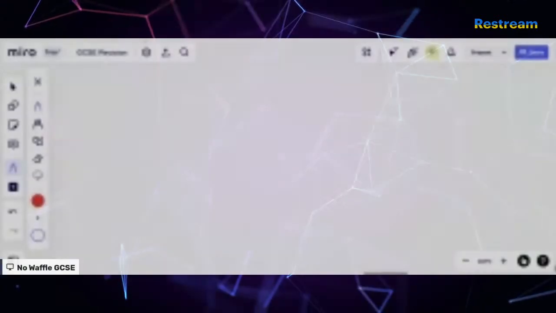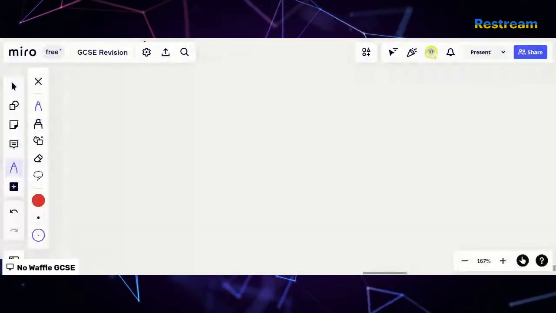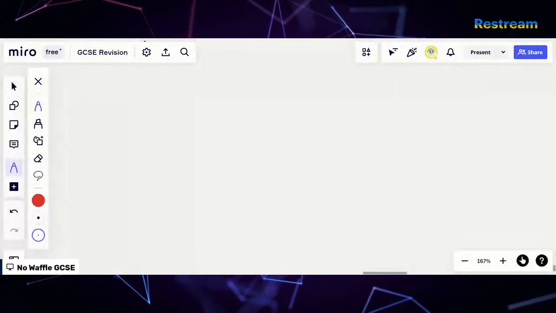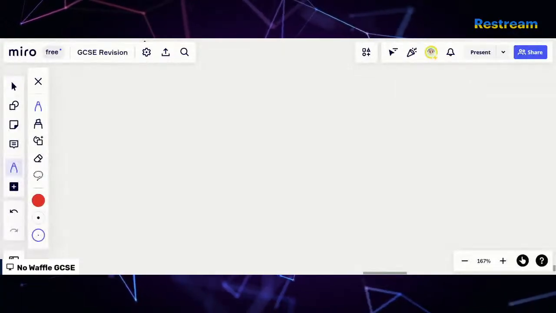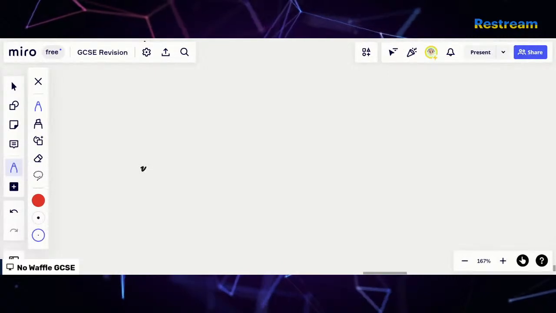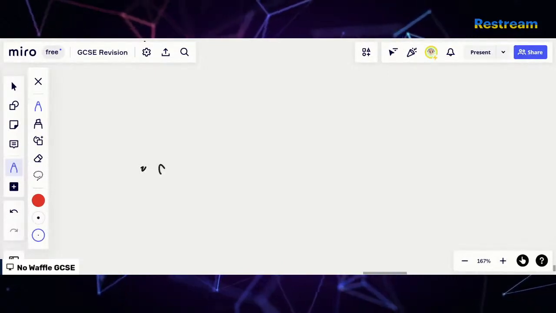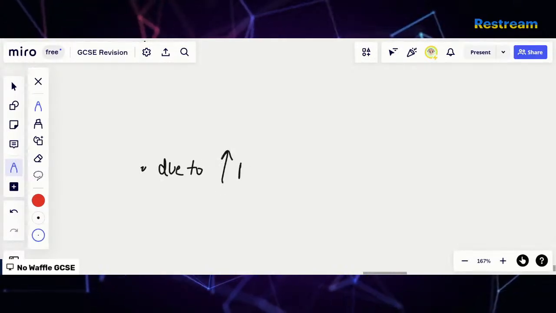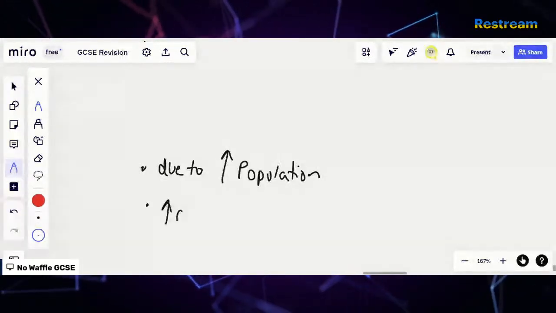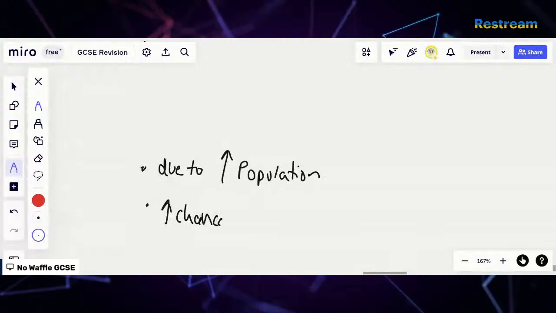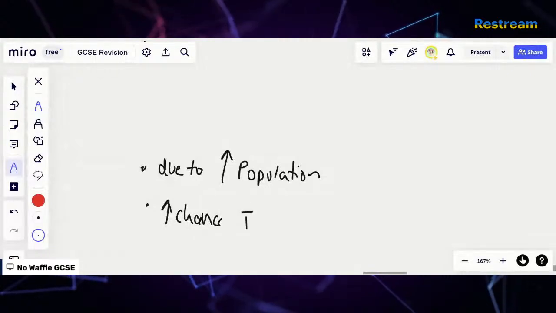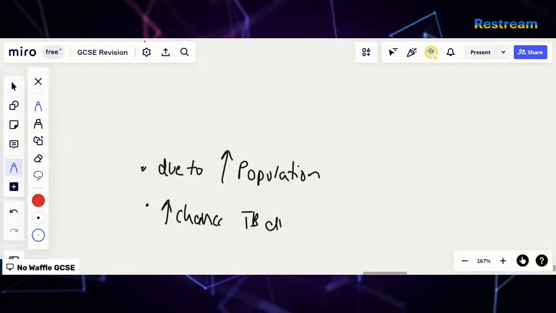Firstly, we can say that due to the greater population, there's a greater chance for there to be TB droplets in the air.